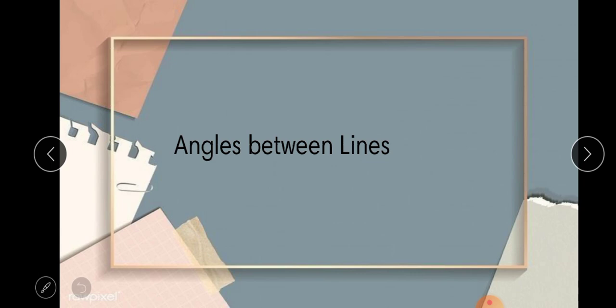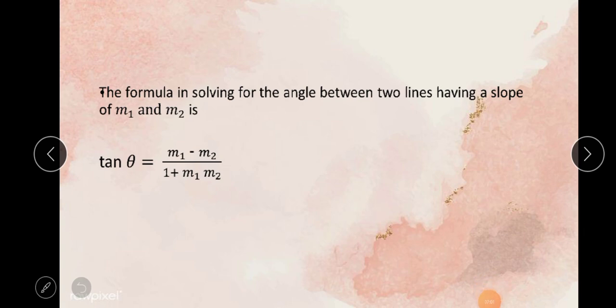Next, the angle between lines. The formula for solving for the angle between two lines having slopes of m sub 1 and m sub 2 is tangent theta is equal to m sub 1 minus m sub 2 over 1 plus m sub 1 times m sub 2.